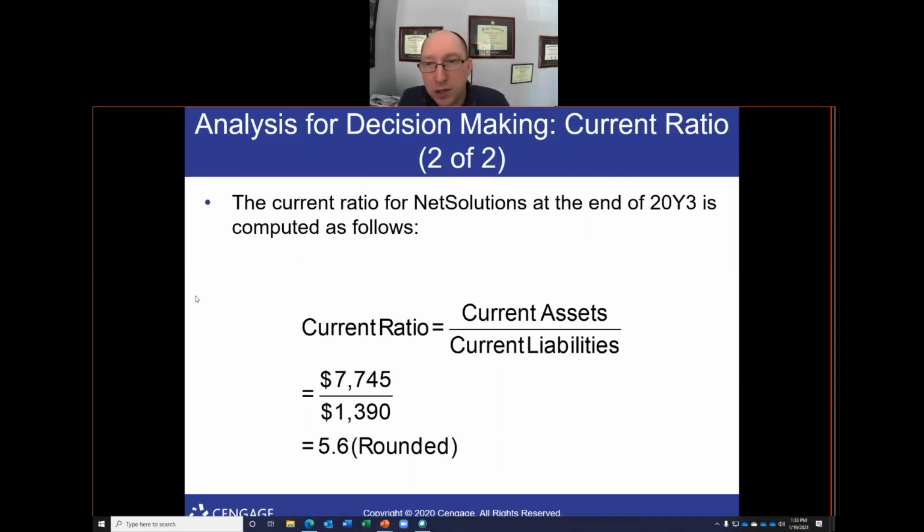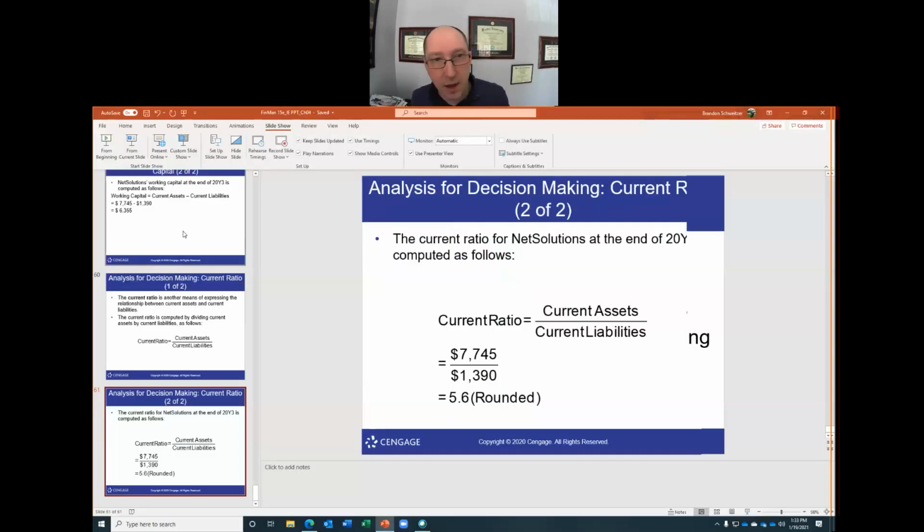The current ratio for our company: our current assets are $7,745. Our current liabilities are $1,390. You take your $7,745 current assets divided by current liabilities, $1,390, to give us a current ratio of 5.6. The higher, the better. And that is the end of Chapter 4.